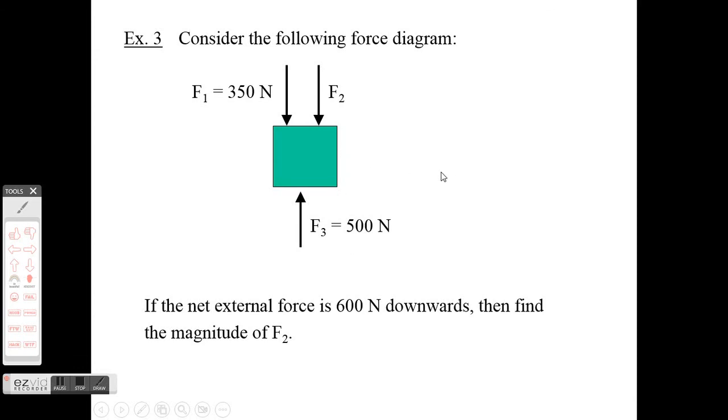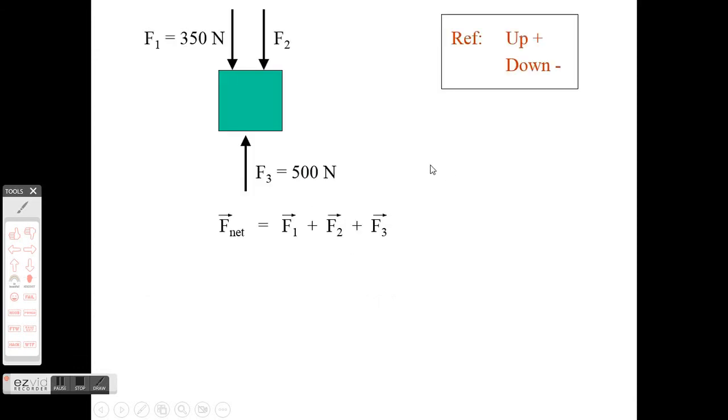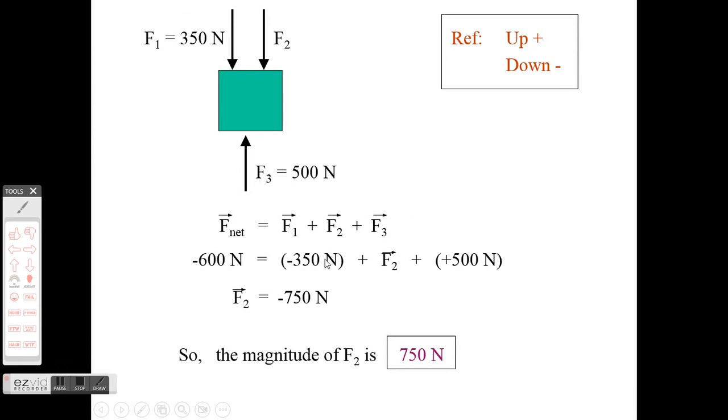Net force was negative 600. F1 was negative 350. And F2 is the one we want to know. And our F3 was positive 500. Rearranging, solving for F2, we end up with negative 750 newtons, which means the magnitude of F2 is 750 newtons. The negative here is just telling us that it is downwards.